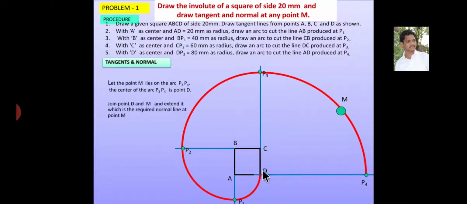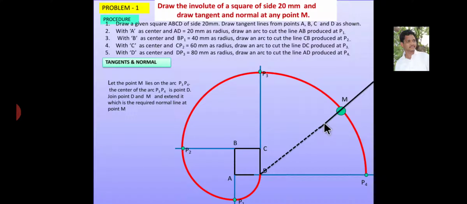Therefore join points D and M and extend it, which is the required normal line at point M. Okay, this is the normal line at point M. Similarly, at point M, draw a perpendicular line to the normal line to obtain the tangent.